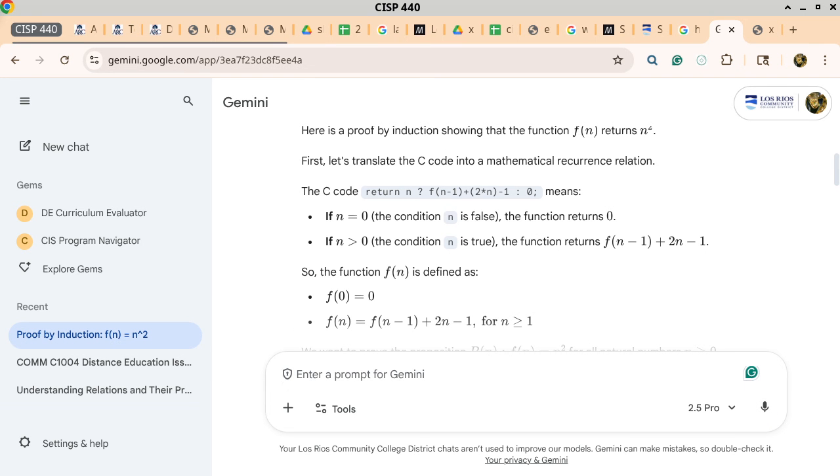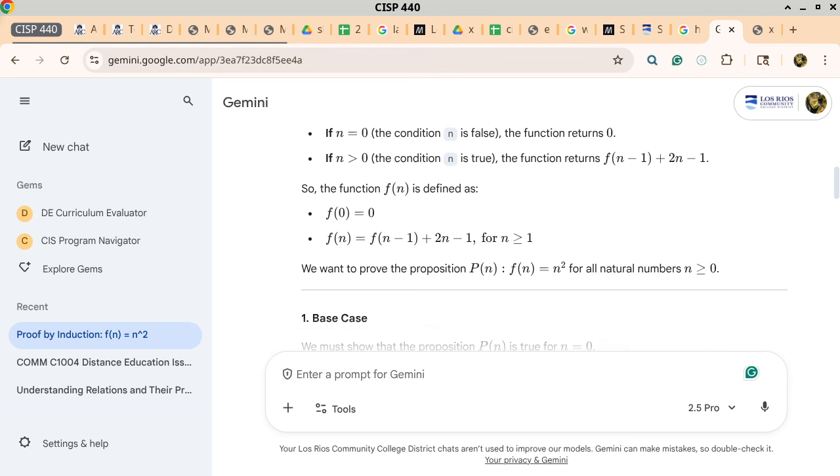If n equals 0, the function returns 0, which is n squared, right? If n is greater than 0, the function returns f of n minus 1 plus 2n minus 1. So the function f of n is defined like this.